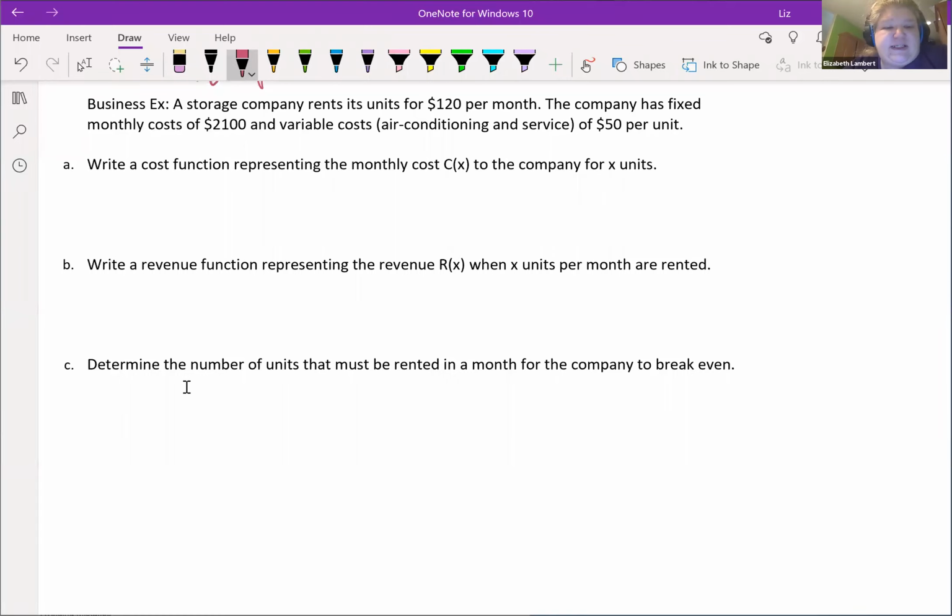So our business example, a storage company rents its units for $120 per month. All right. Has fixed monthly costs of $2,100. All right, they need to rent quite a few to deal with that. And variable costs of air conditioning and service of $50 per unit.